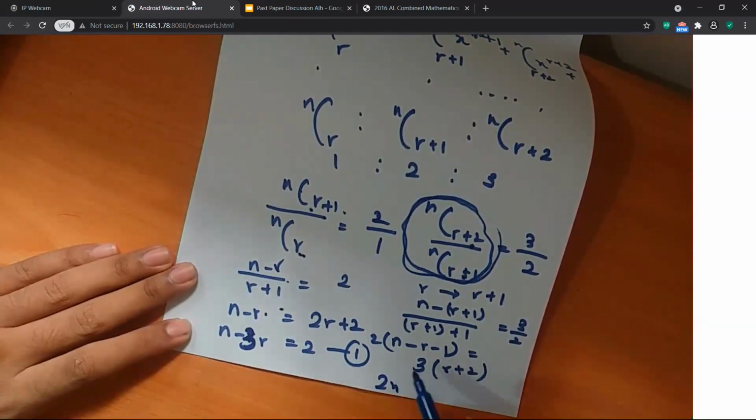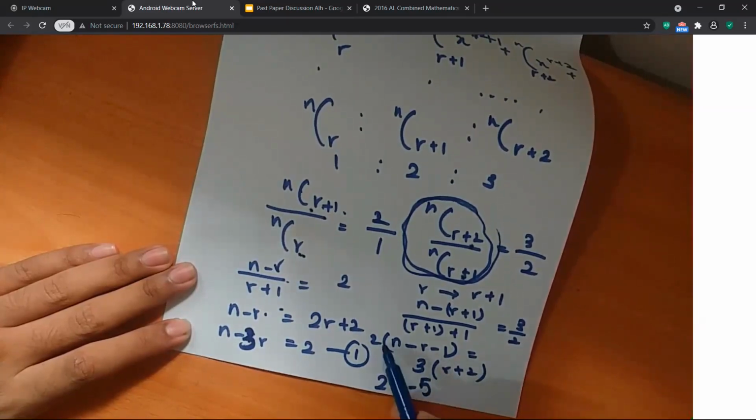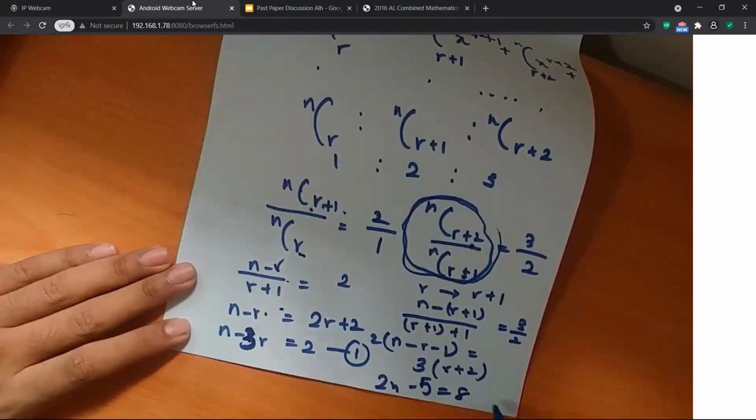If you bring 3r to the left side, it will be minus 3r; minus 3r minus 2r is minus 5r. Minus 2 taken to the other side becomes plus 2, and 6 plus 2 is equal to 8. These are the two equations we got.